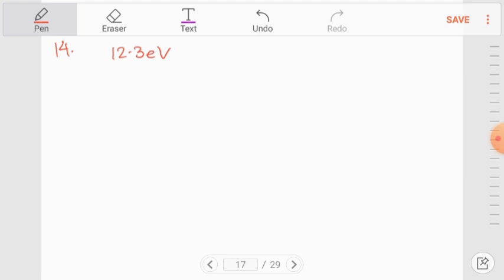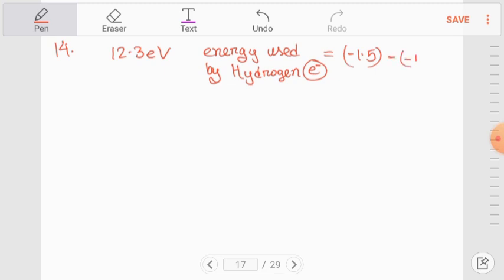So the amount of energy used by the hydrogen electron to move from the ground state to the second level is negative 1.5 minus negative 13.6, and if you calculate it, it is a value of 12.1 electron volt.